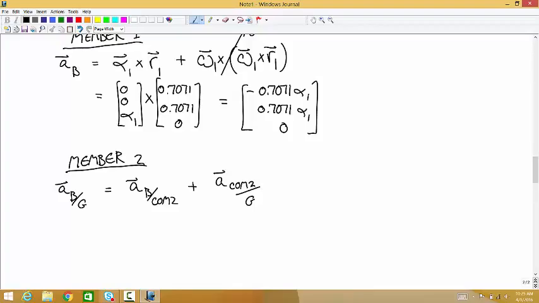So actually, this equation would hold for any point. Instead of center of mass of 2, we could choose any point on that body we wanted. The benefit of choosing the center of mass, and it's a major benefit, is that we've already been forced to define a variable that represents the acceleration of the center of mass of 2. So it'd be a nightmare.